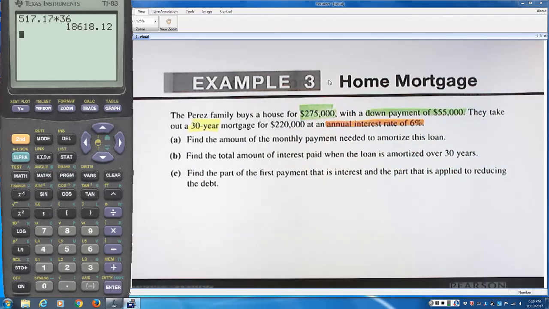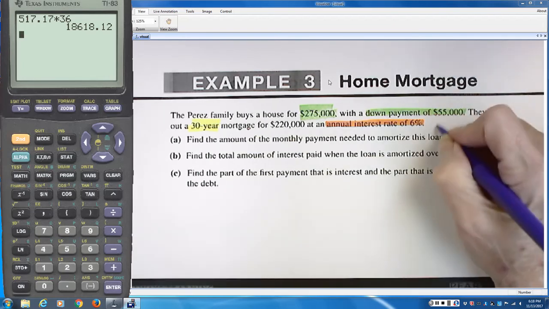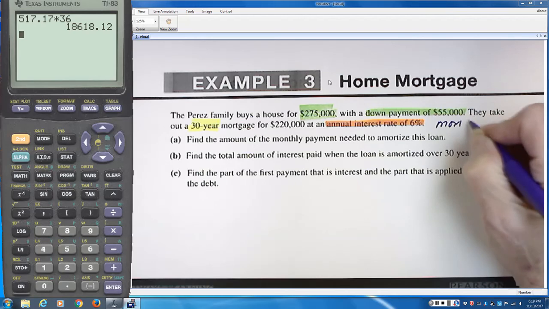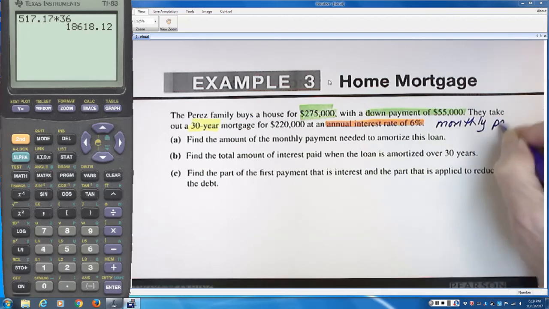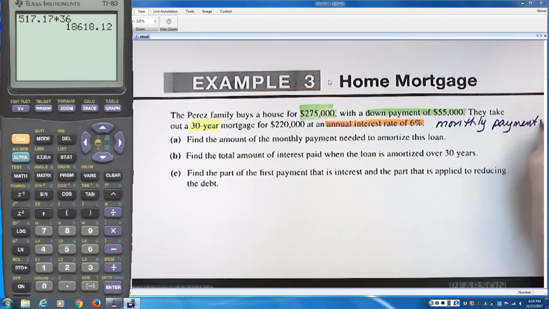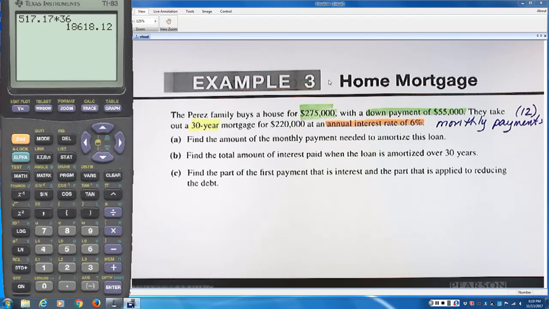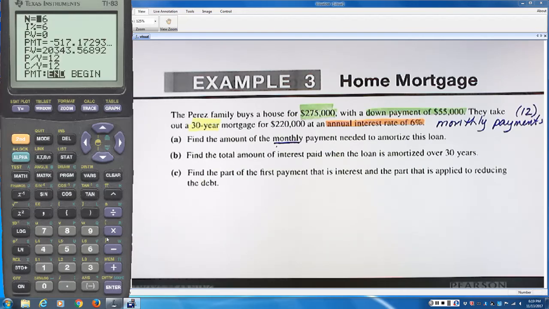But they're going to make monthly payments, remember. That's 12 payments a year. So find out the monthly payment needed to amortize this loan. So we go to the TVM solver, and the number of payments for a 30-year mortgage, 12 months out of the year, is 360.